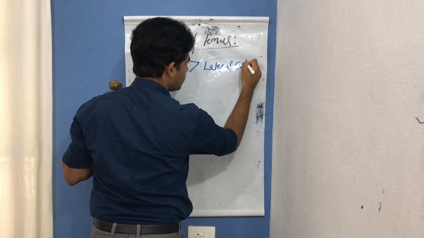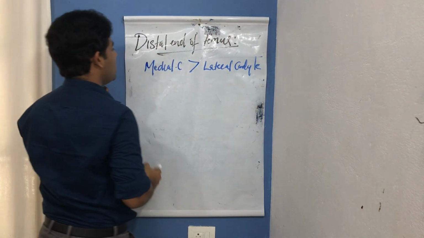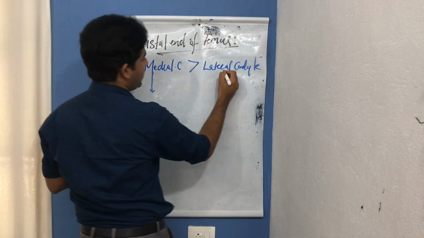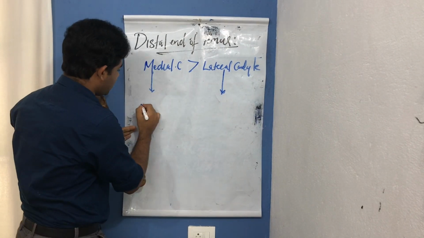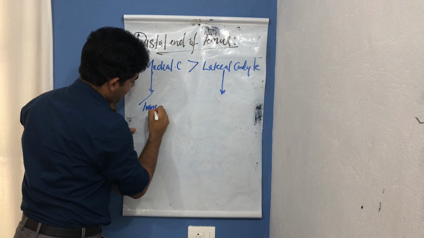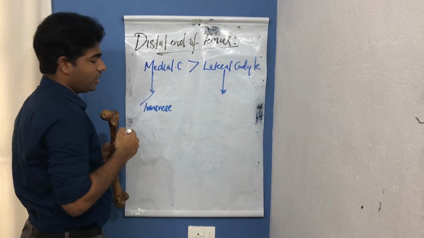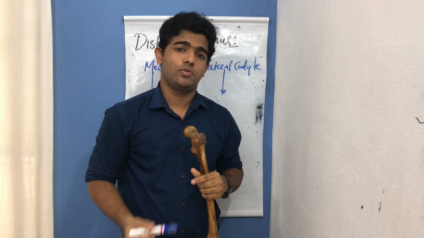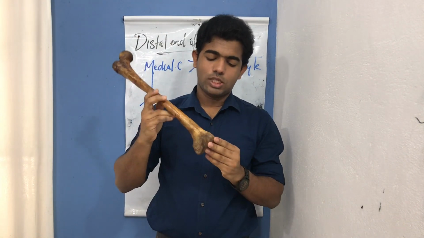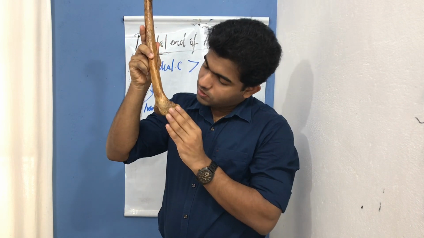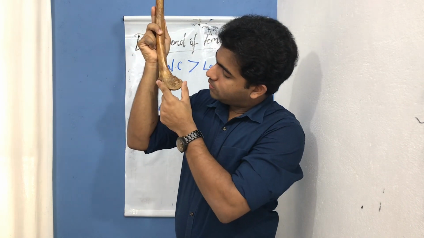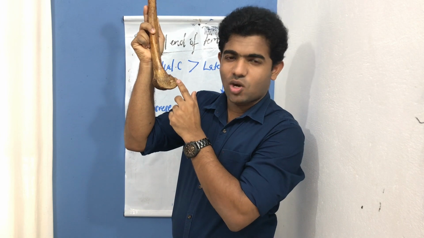All right. Now let us see some more peculiarities of the medial and lateral condyles. We know that there are AP views, transverse views, etc. If you look at the lower end of the femur, see what the peculiarity is. The femoral condyles are convex, right?